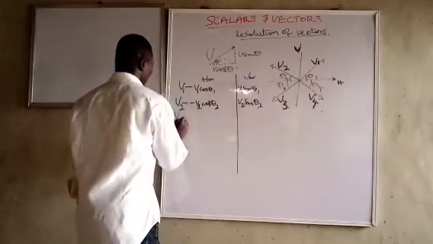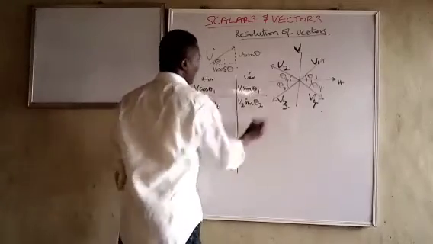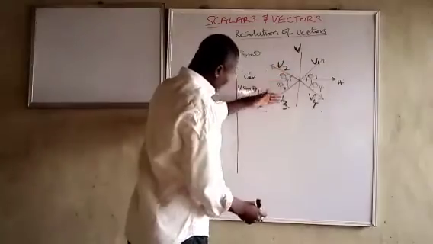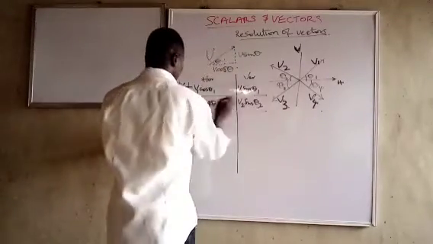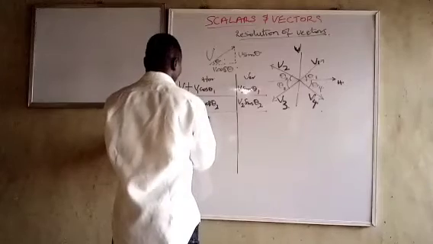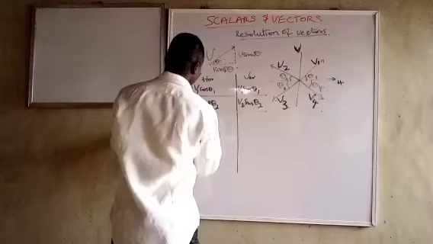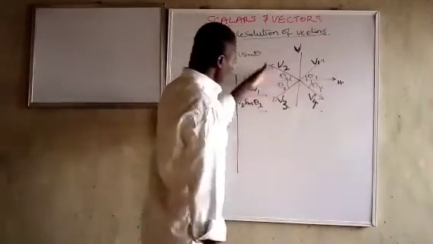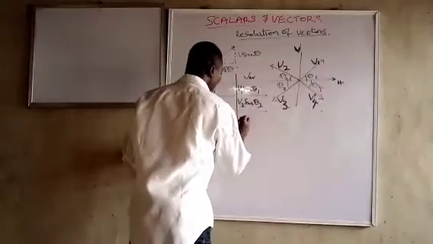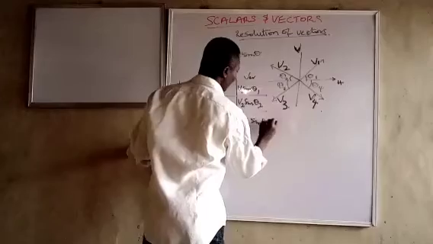Now, V3, what do I have here? You can see it is downward and to the left. So V3 is negative now: minus V3 cos theta 3. And here it is still downward: minus V3 sin theta 3.